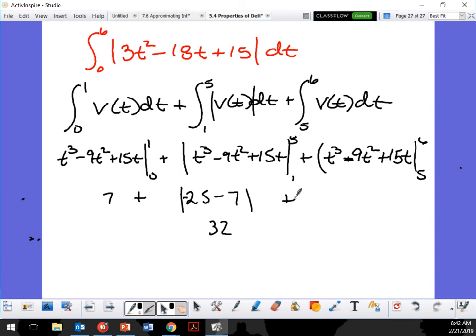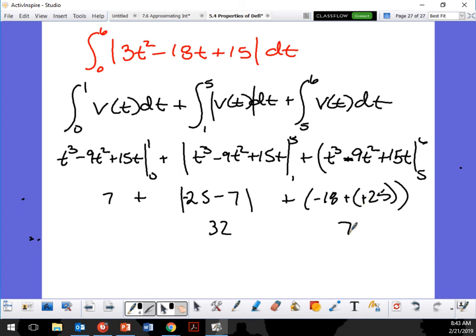And then plus my last piece: 216 minus 324 plus 90, which we found earlier was negative 18. So negative 18 minus negative 25 because we're plugging in 5. Negative makes that a plus. So together that nets me 7.